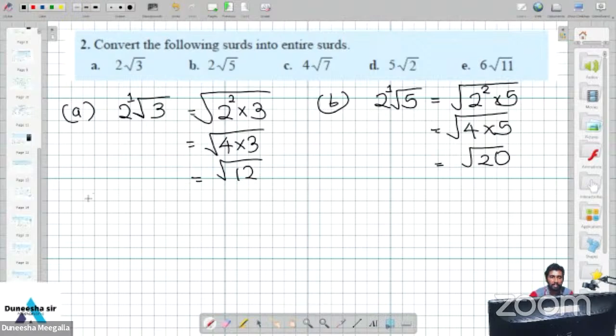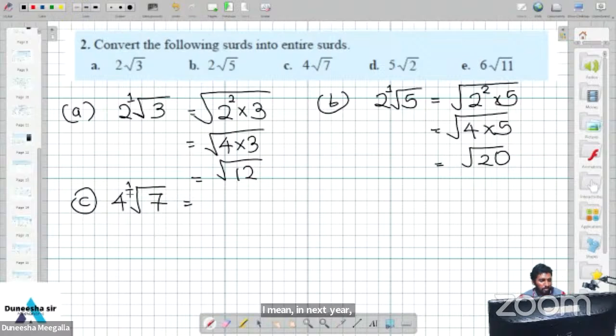Okay. Then can you get the 4 into root 7? දැන් මෙතන index එක තියෙන 1යි. What is it? 1 multiplied by 2.